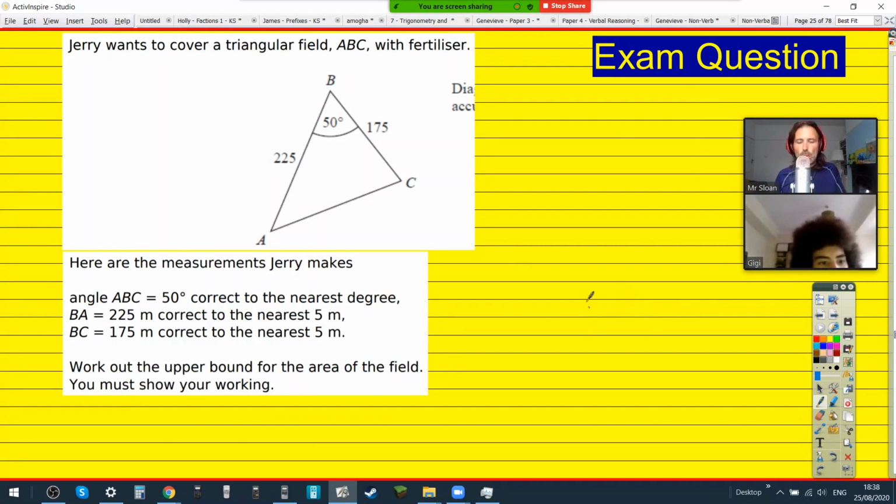Okay, how about this one? Let's cover a triangular field with fertilizer. Angle ABC equals 50 degrees, correct to the nearest degree. BA is 225 meters.